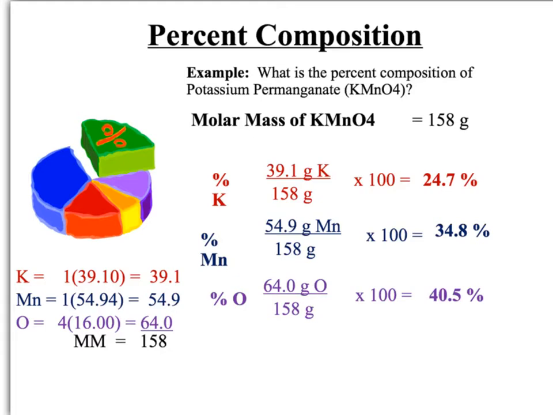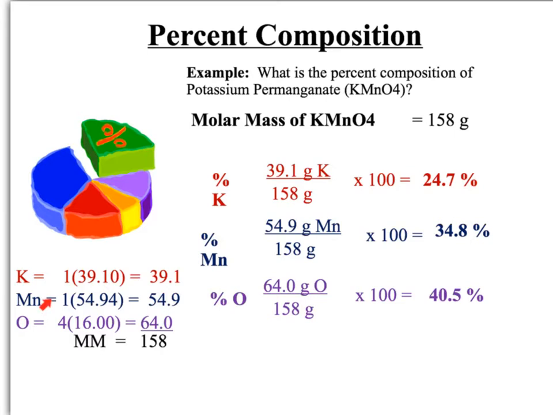To do this, we look at the potassium. We have one potassium in the chemical equation. The potassium weighs 39.1 from the periodic table. So 1 times 39.1 is 39.1. With the manganese, we have 1, its weight from the periodic table, 54.94.